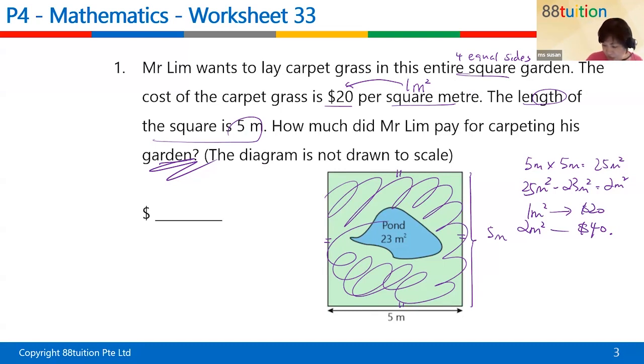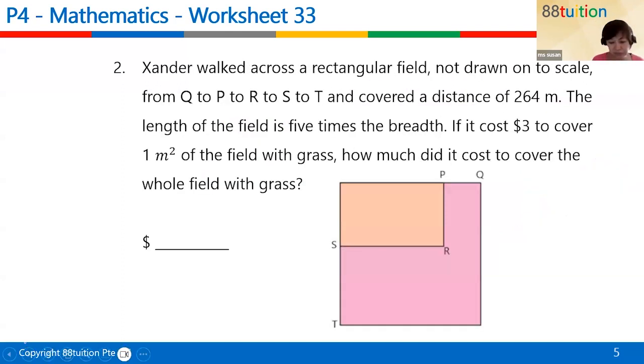Okay. Then the next question, 40. Xander walks across a rectangular field. This is not drawn to scale. He crosses it from Q to P, then to R, to S, to T. So technically what he is trying to tell you is that he's going round and round.